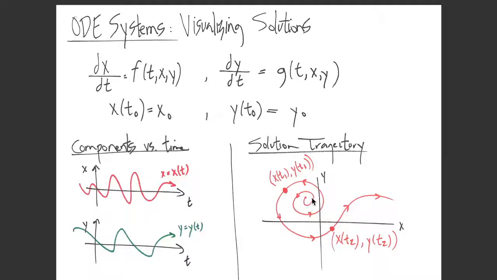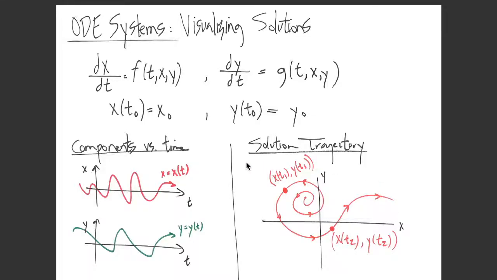And that traces out a solution curve in this case in R2, two-dimensional space. That's called the solution trajectory or the solution orbit. You're really just doing a parametric plot of the pair of solutions, x of t and y of t. So it's a parametric plot like you studied in calculus.